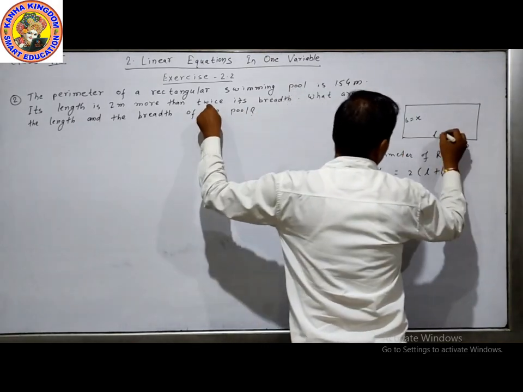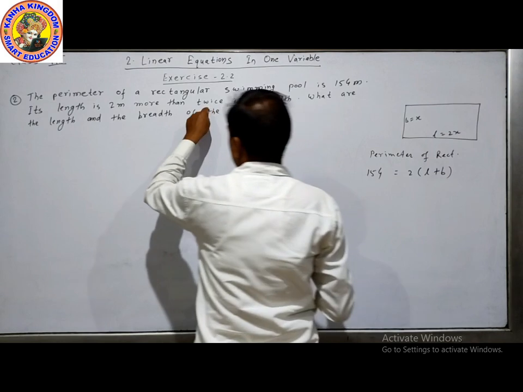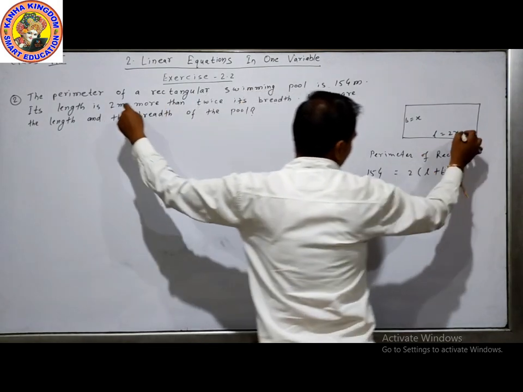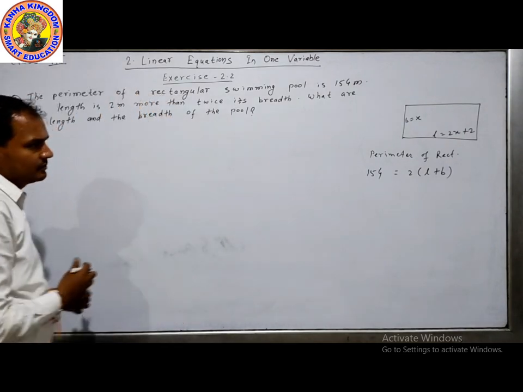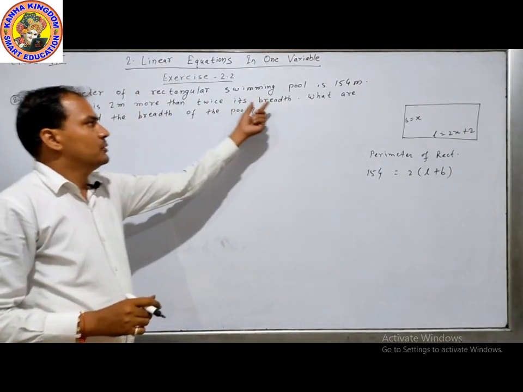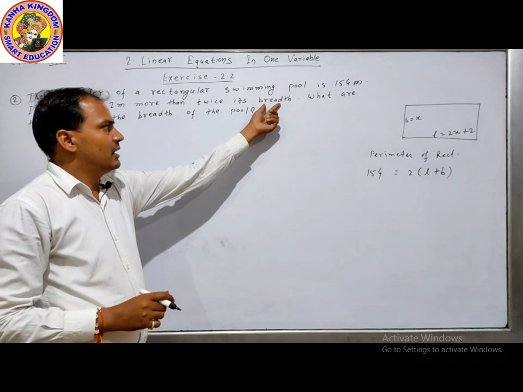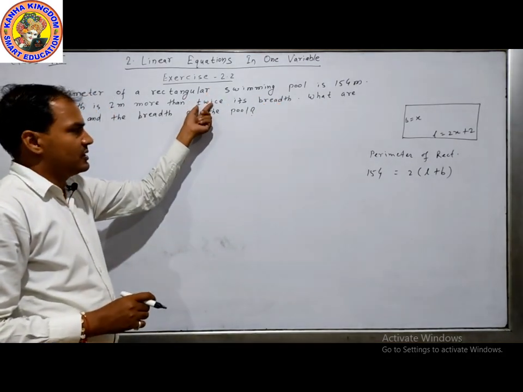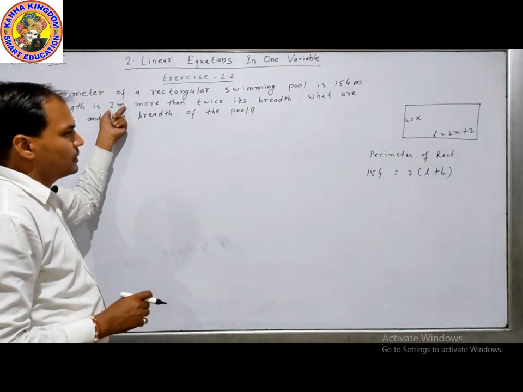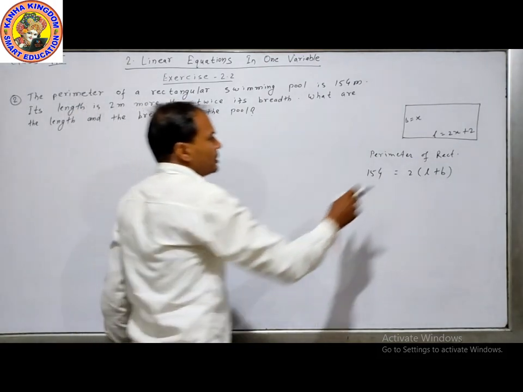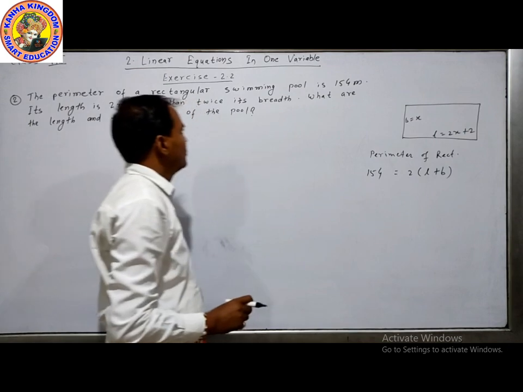Twice the breadth means 2x, and 2 meters more means plus 2. So 2x plus 2 is its length.